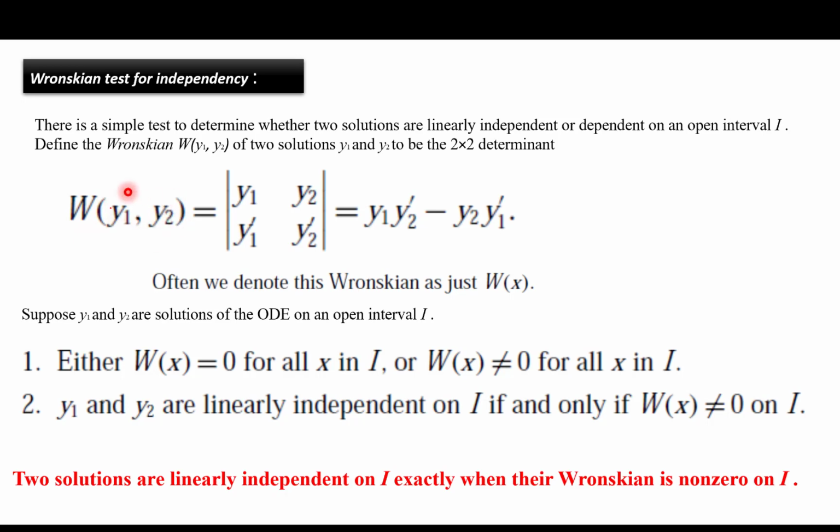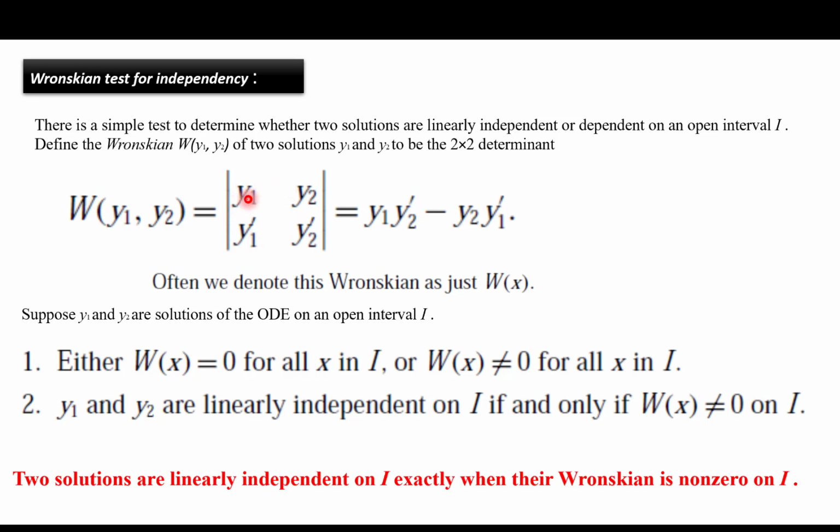We have obtained them, as I said, using certain techniques we're going to learn next lecture. Then we can guarantee the independency by investigating the determinant of this Wronskian test. What is the determinant here?